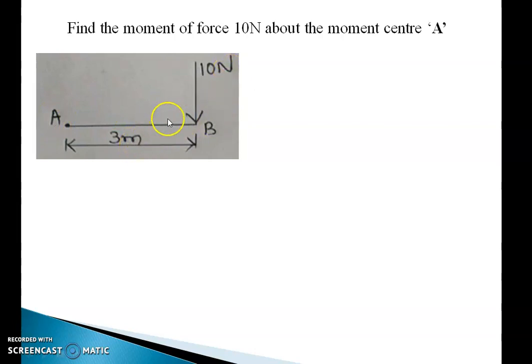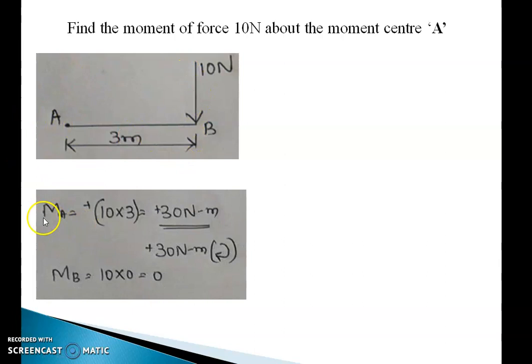Now one more thing comes into the picture: whether it is plus or minus, clockwise or anti-clockwise. We are treating clockwise moment as positive and anti-clockwise moment as negative. For that I need to check whether this 10 Newton will cause clockwise or anti-clockwise rotation about A. Fixing a point at A, if I apply 10 Newton, it will rotate the entire system in the clockwise direction.